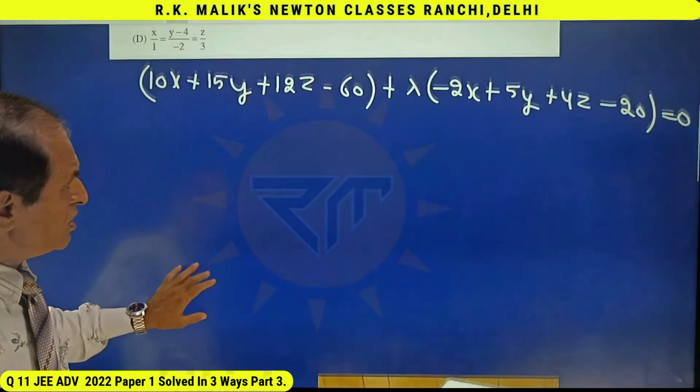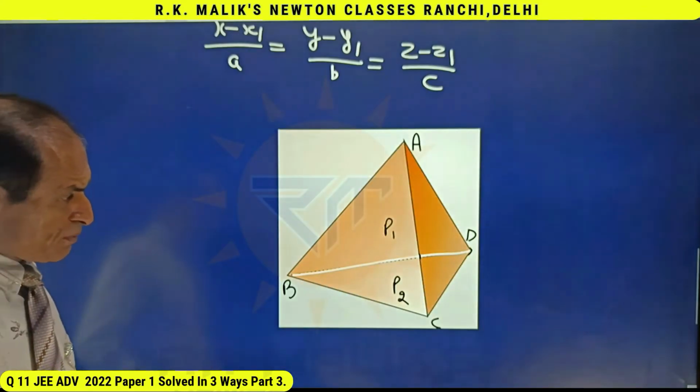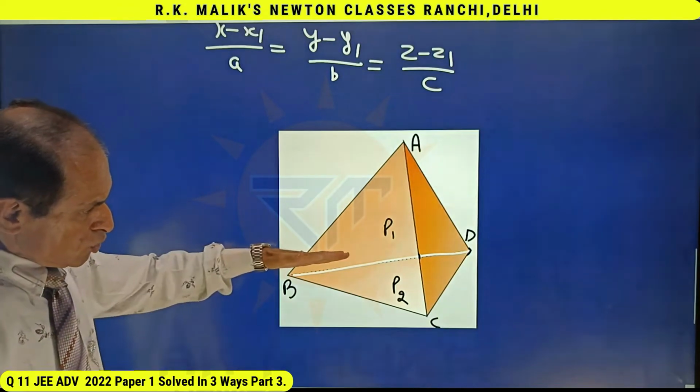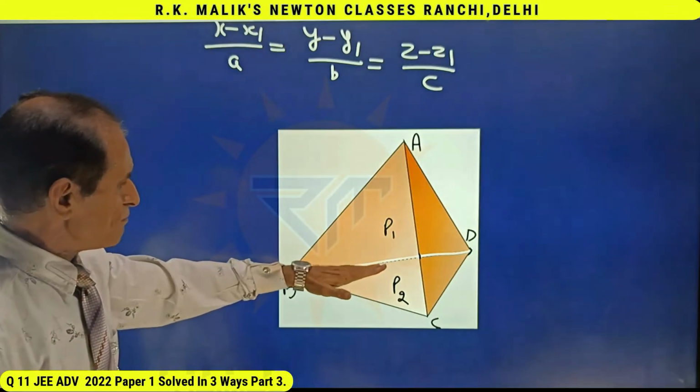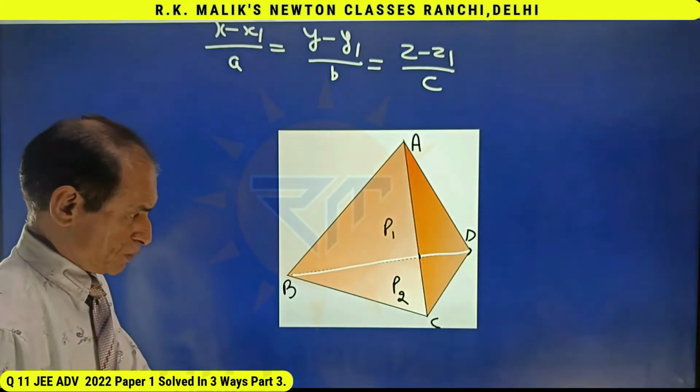Note that this plane is of the type containing the line BD, hence passing through the intersection of P1 and P2.